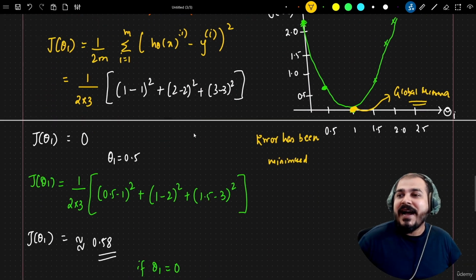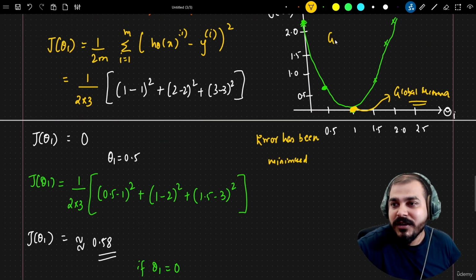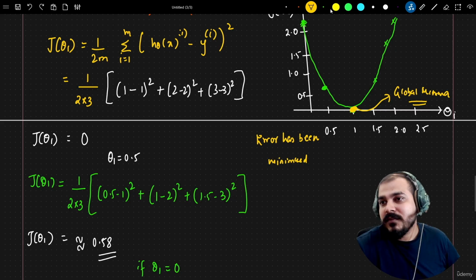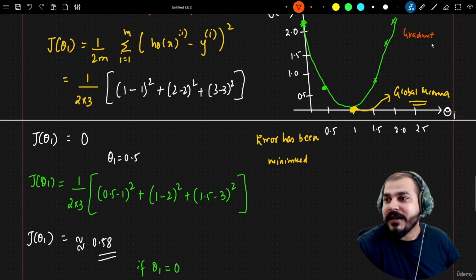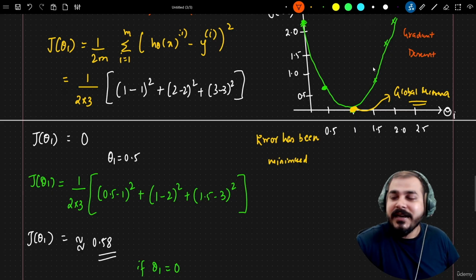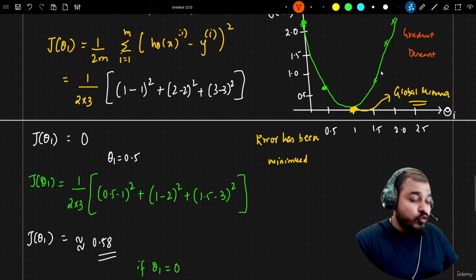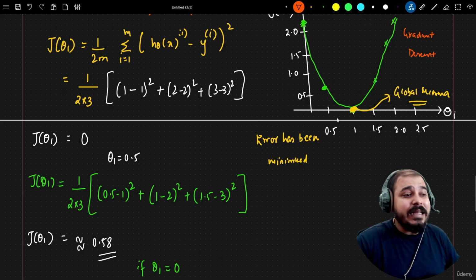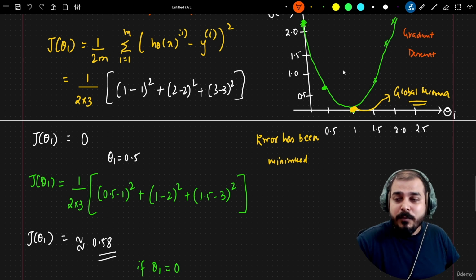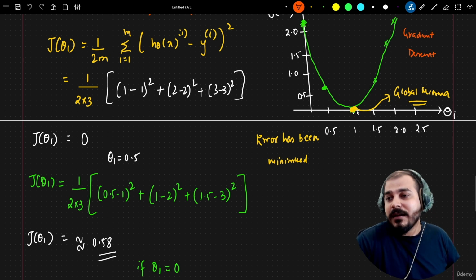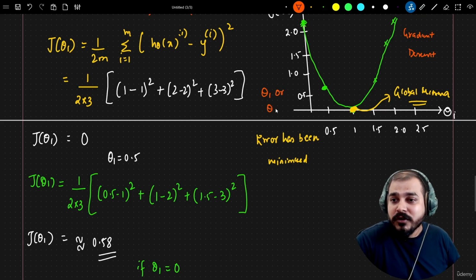So this entire curve is called gradient descent. Okay. So this curve is something called gradient descent. And this gradient descent is super important even in deep learning techniques. We have to come to this specific point by changing our theta 1 or theta 0 values.